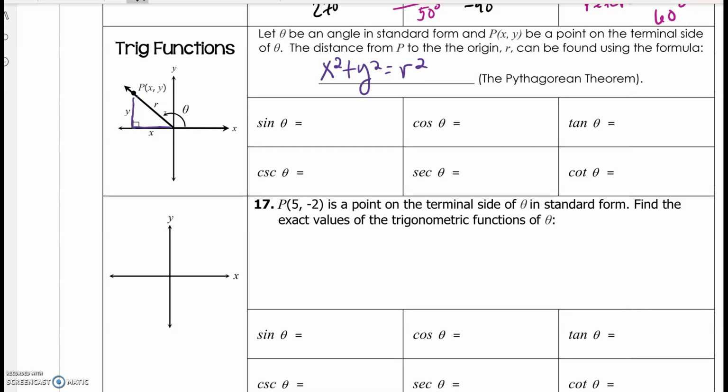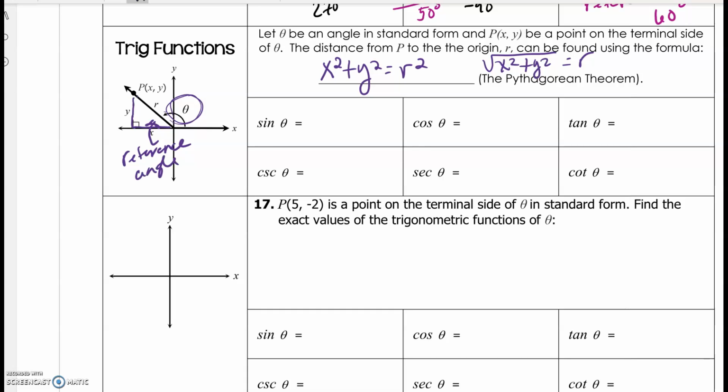If I want to know r, I just take the square root of x squared plus y squared, and that'll give me r. Now, notice previously we talked about the reference angle. So interesting thing here, this sine of theta is the same as its reference angle. So this is the reference angle.